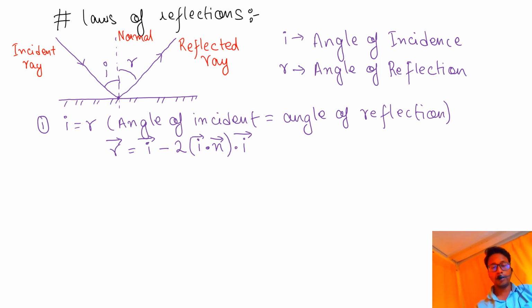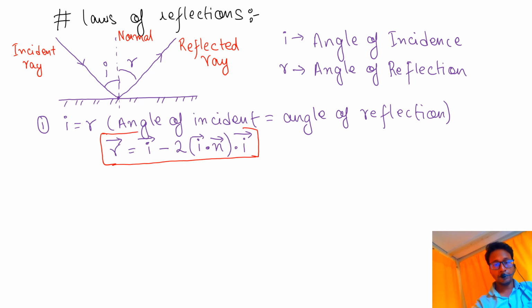This is our vector representation of angle of incidence is equal to angle of reflection.